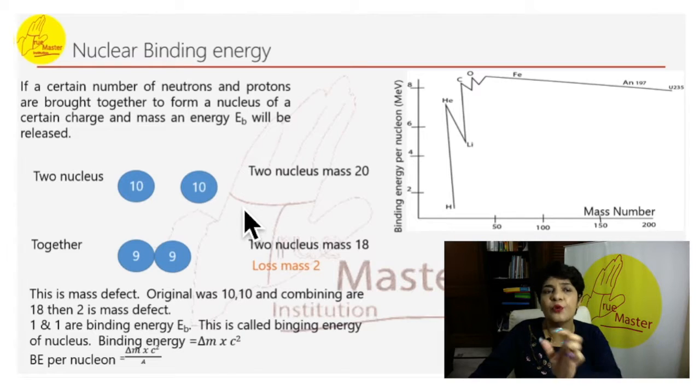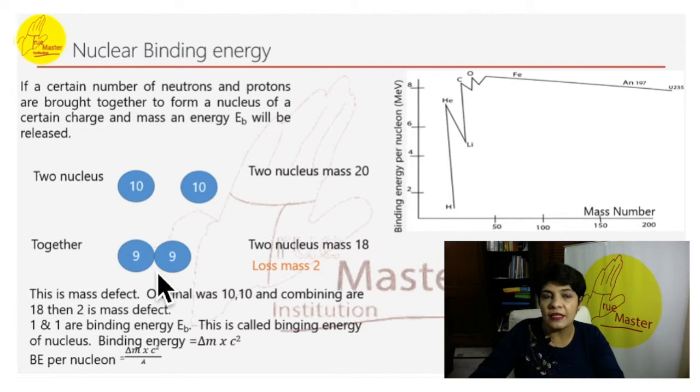Once we bring them together, these masses are in a stable nucleus state, and the two nucleus mass will be 9 plus 9, 18. Some mass will be lost in the form of energy. This is called mass defect. How much has been lost? 2.